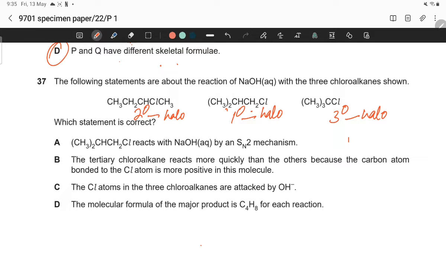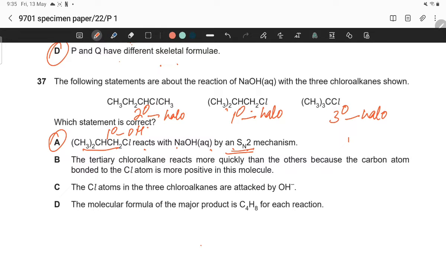Which statement is correct? Say 3: this primary haloalkane reacts with sodium hydroxide by an SN2 mechanism. This is correct.